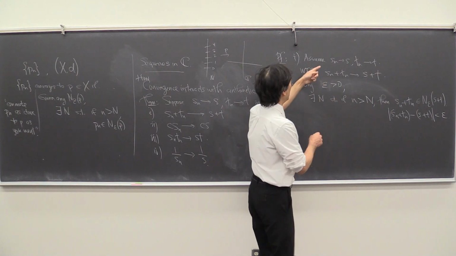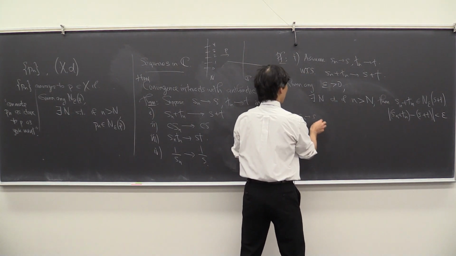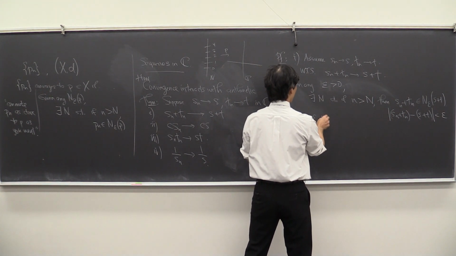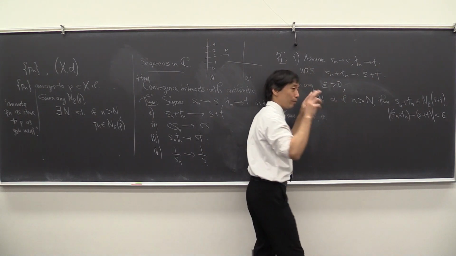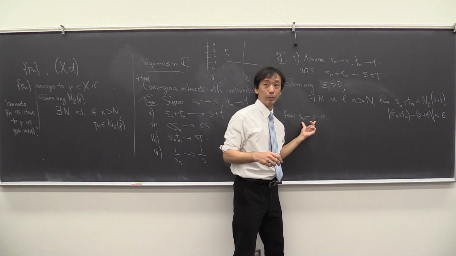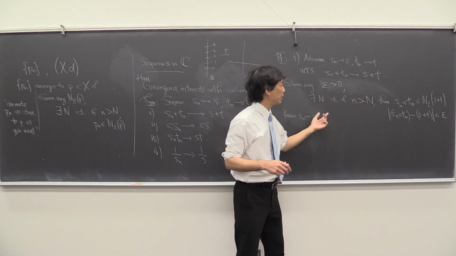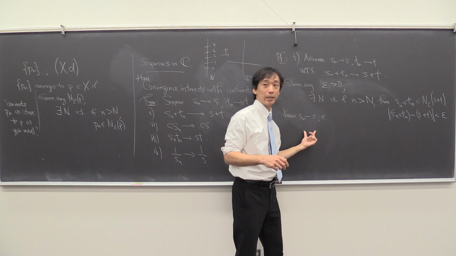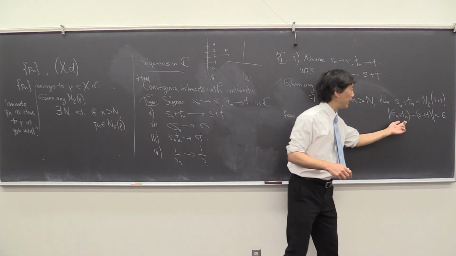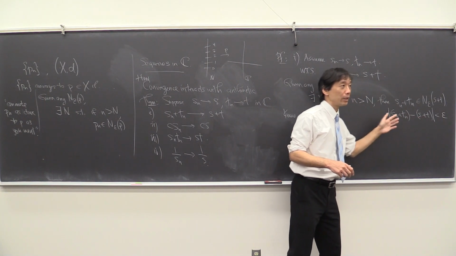We know S_n goes to S. In other words, we can make this guy as close to S as we want, right? So how close should we make this to S, and how close should we make the other guy to T, to ensure that these things are within epsilon of each other? Anybody see how to do it?